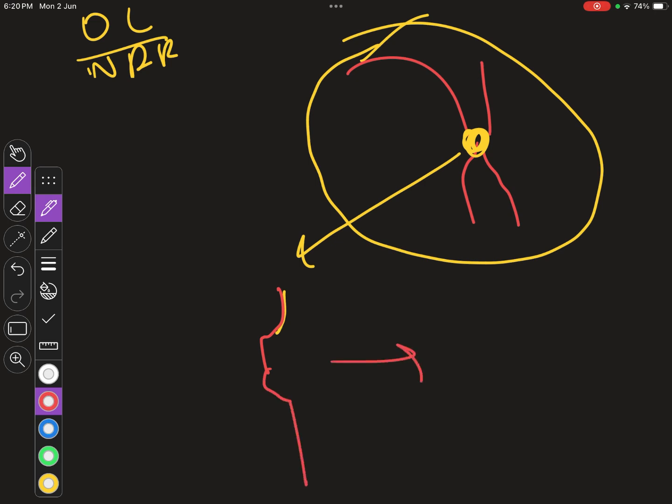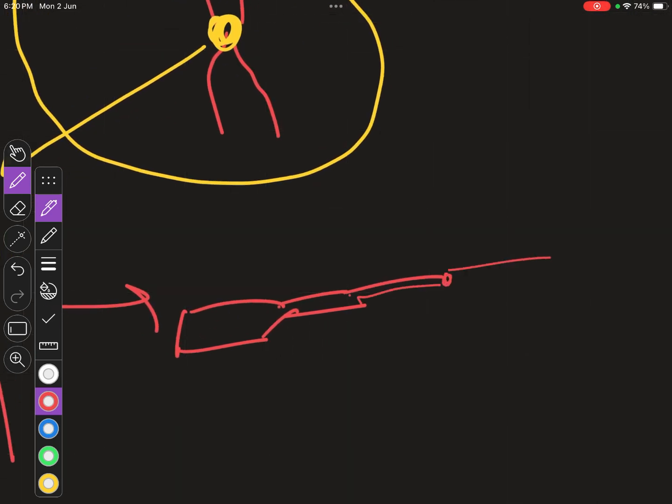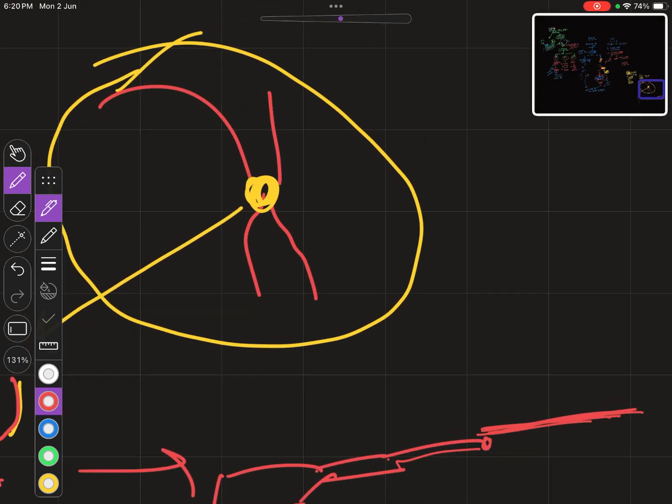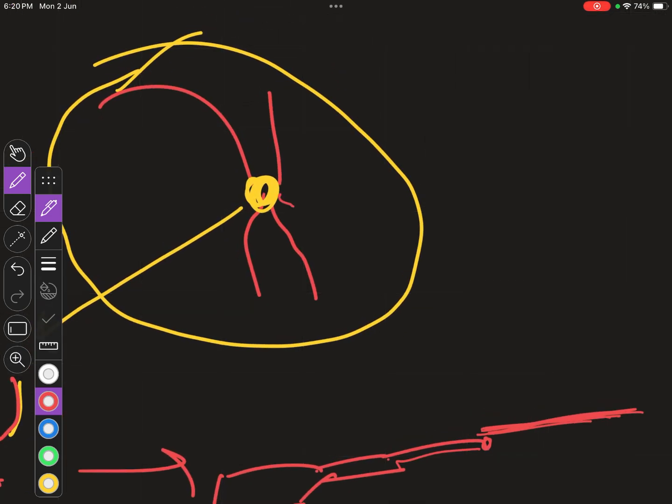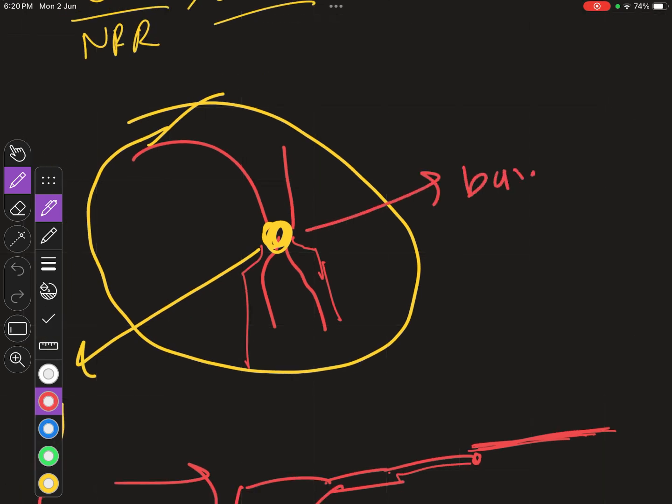Bayonet in guns, if you know something about guns, or if you have read history, the British used to fix a bayonet in front of the gun, which was a very sharp and angulating kind of structure to kill enemies very easily. So here, if we see the blood vessels, we see sharp angulation of the blood vessels, which is called the bayoneting sign, the bayonet sign.